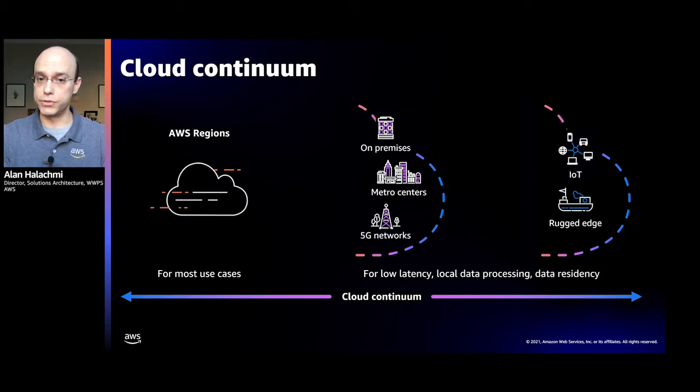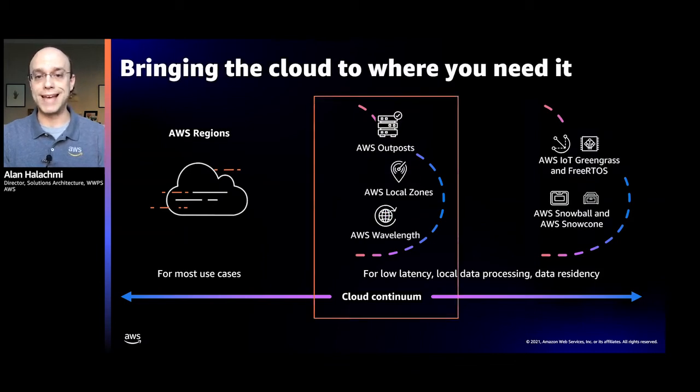AWS Local Zones, AWS Wavelength, and AWS Outposts extend from parent regions to bring AWS services to latency-sensitive edge workloads. AWS Local Zones places select AWS services like compute, storage, and database close to large population industry and IT centers where no AWS region exists today.